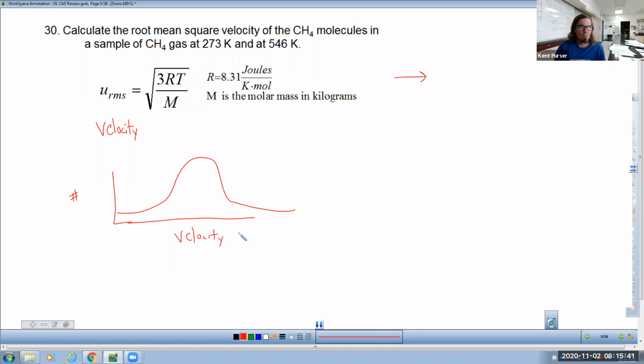What this says is that the majority of them have this speed. Some are traveling faster, some slower. What root mean square does is find the average of a bell-shaped curve. That's all that is. So if you ever encounter this equation, they're just talking about a statistical average. We don't need to know anything more.